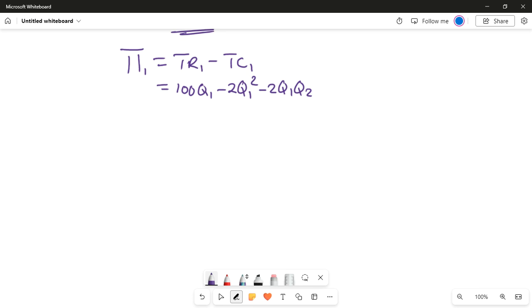Then from this we should remove total cost, which is 12 Q1, like that. So it's total revenue minus total cost.